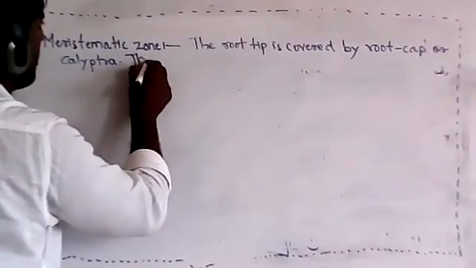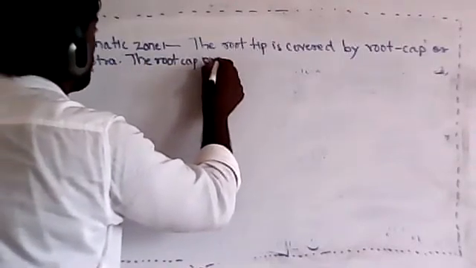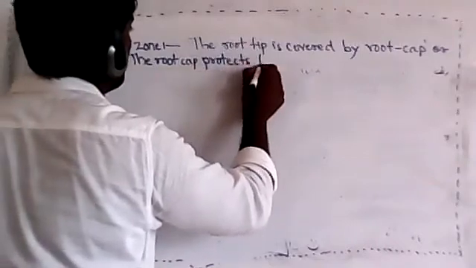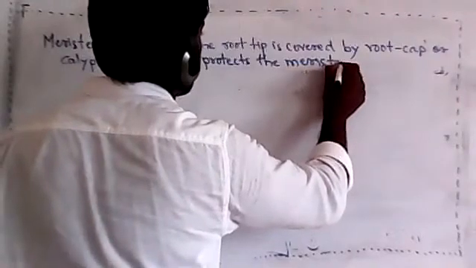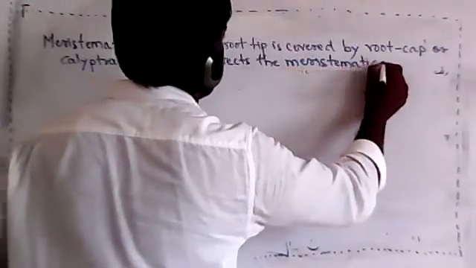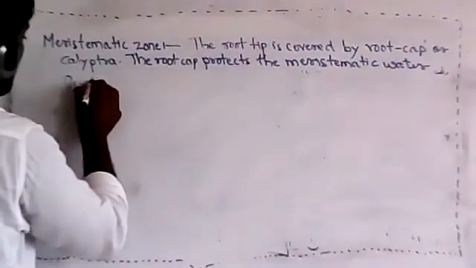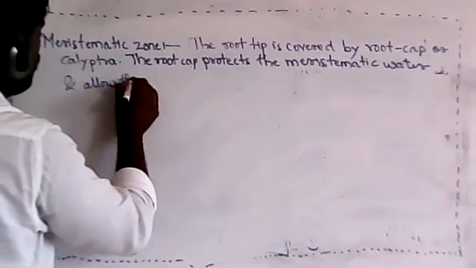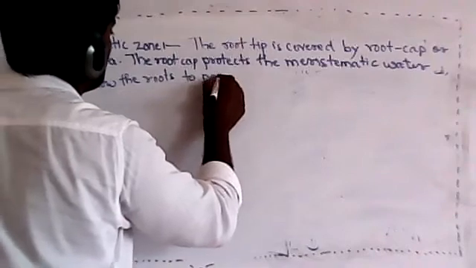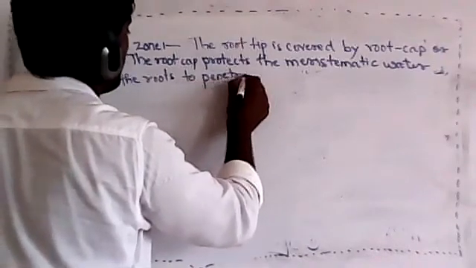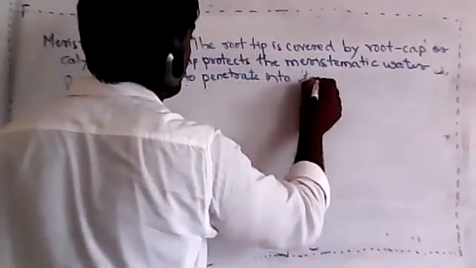The root cap protects the meristematic cells and allows the roots to penetrate into soil.